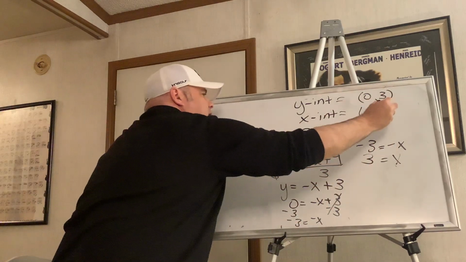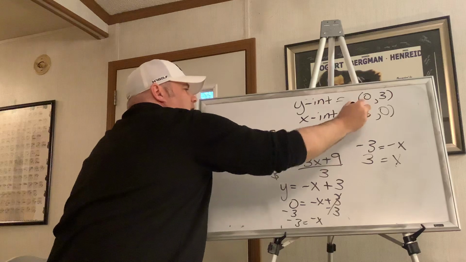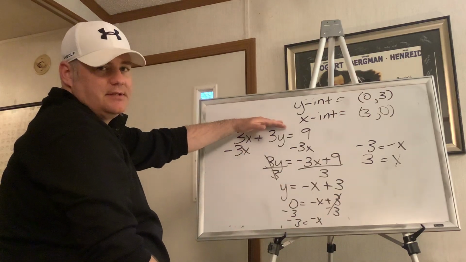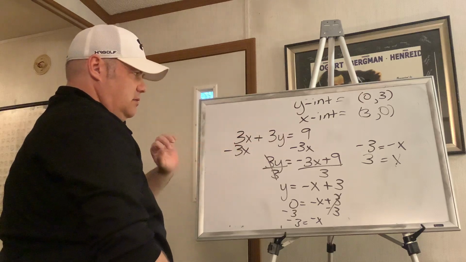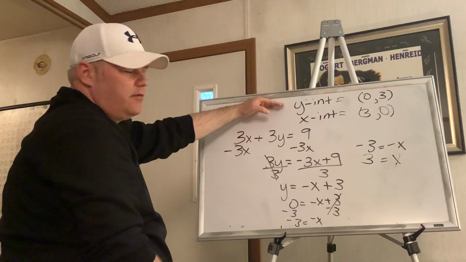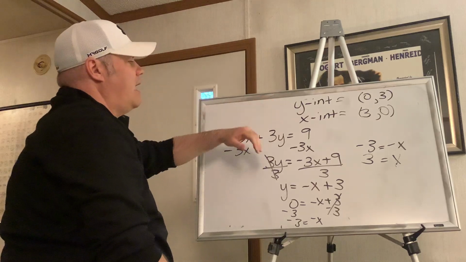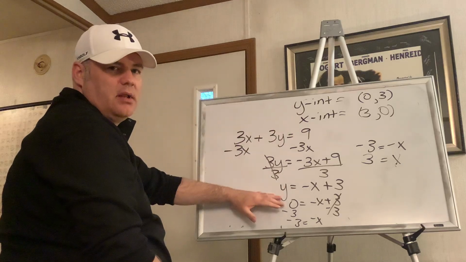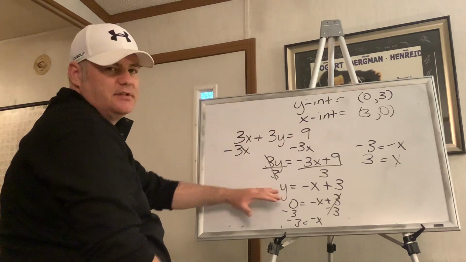So when your y is 0, your x is 3. So that's your y-intercept and x-intercept. Lots of stuff, but the first part is what we've been doing for a while. So find it, and then the only other thing is to solve for the x-intercept, plugging in 0 for y and solving for x.